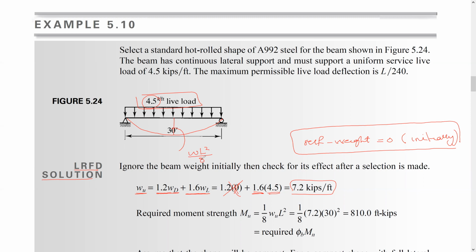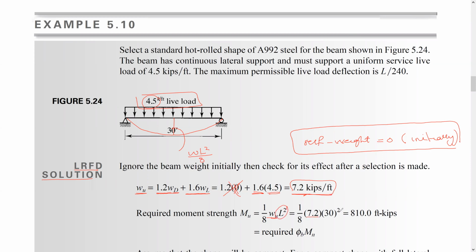And guys, this is not the only case we will deal with. We might have different cases. Okay. So here it's W, and W is here, we got it from here. It's 7.2 times L squared.